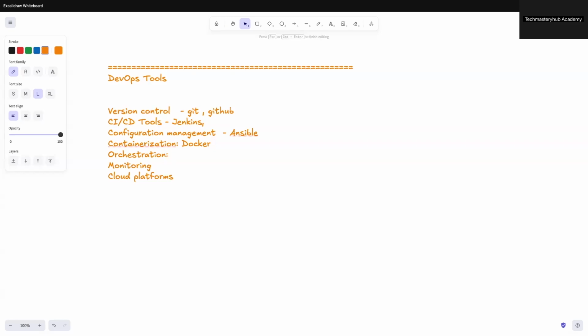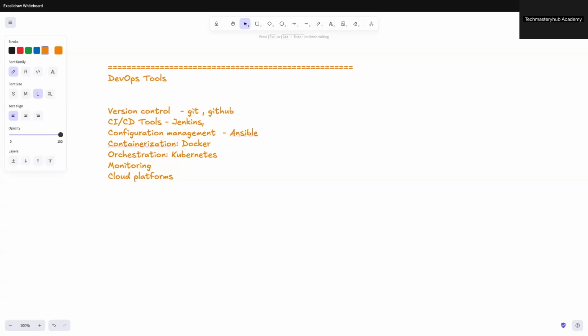Next stage and the tool for the next stage is orchestration. The most famous tool is Kubernetes. The purpose is to manage and scale containers. If you have one container, it's easy.